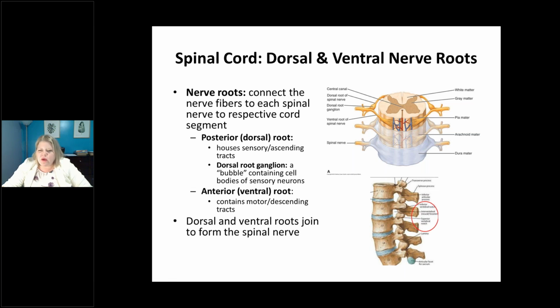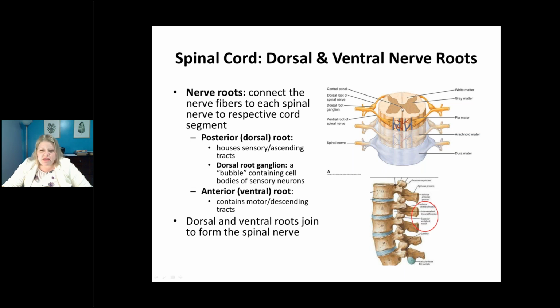We can see the white matter and then the gray matter embedded into it in that butterfly-shaped pattern. We can visualize the posterior gray horn, the anterior gray horn, and the lateral gray horn.